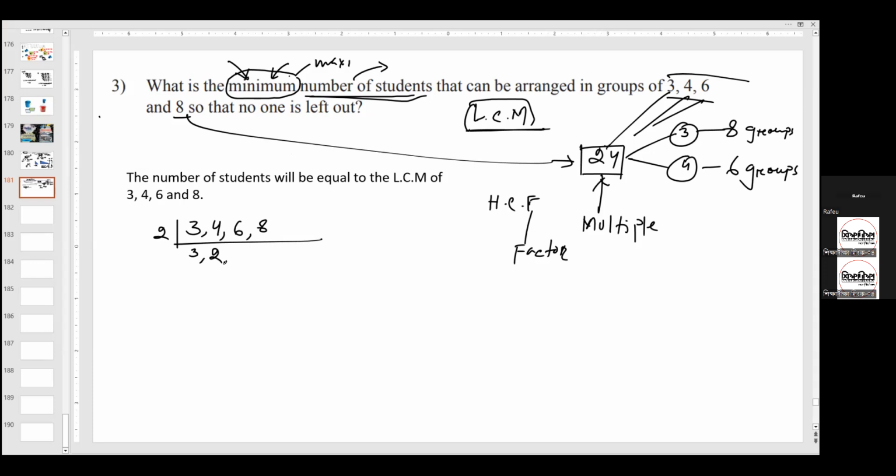So 24. 3 and 4, right? So the LCM will be 24.